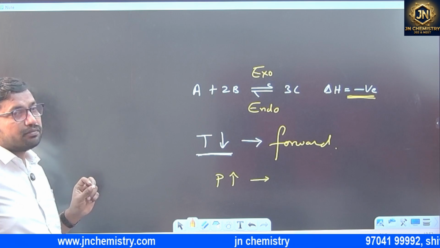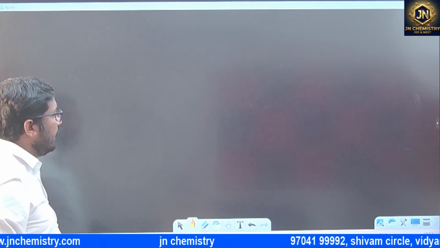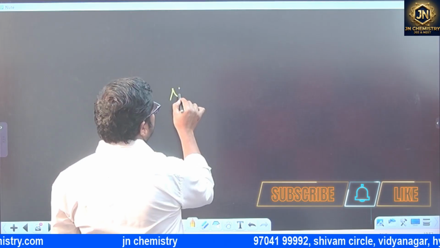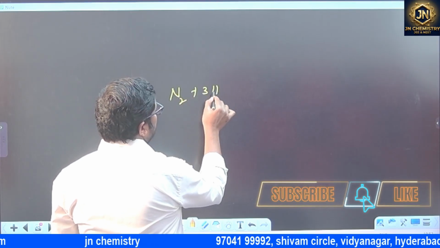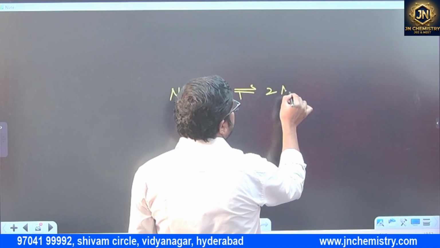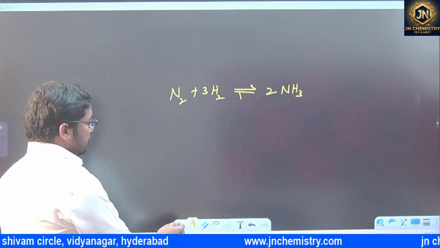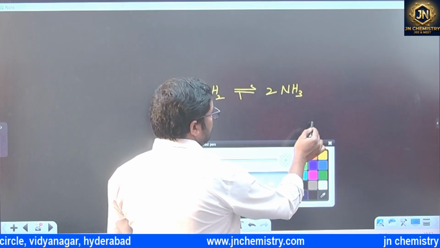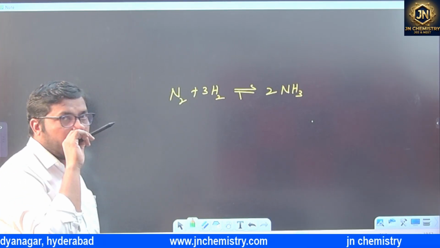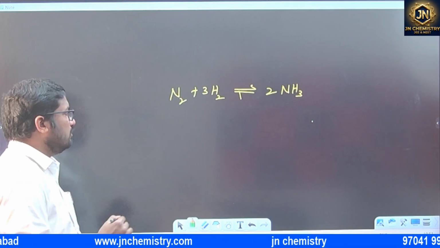Next one, addition of inert gas. Last point. Addition of inert gas, (2NH3). Addition of inert gas at constant volume, there is no change. Write it down.